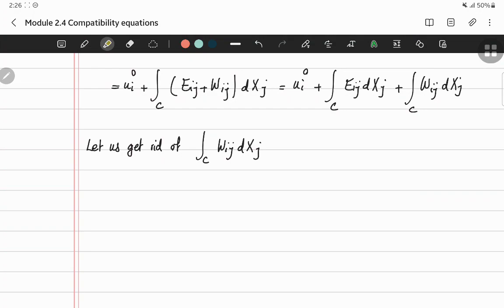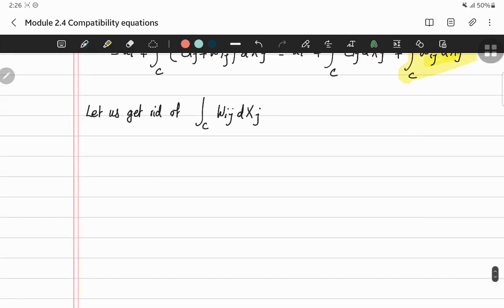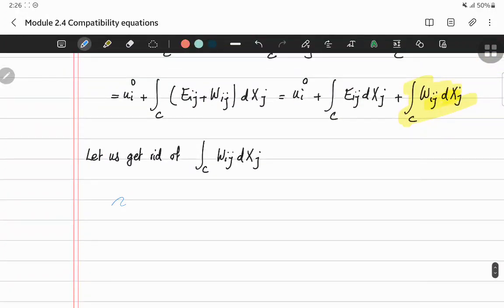Okay, so we have this integral in here. Let's get rid of this. Okay, so I write this with another color. So if you remember the integration by parts, we had, for example, (uv),j.